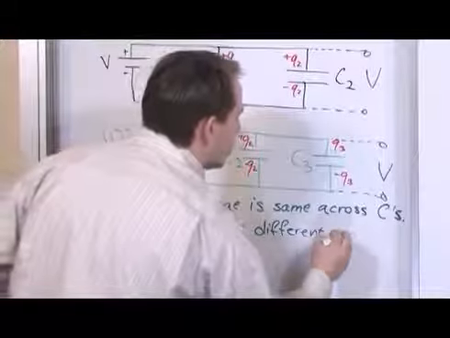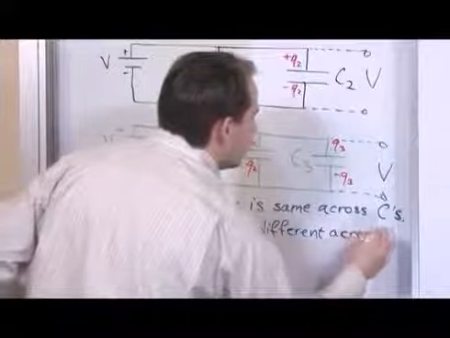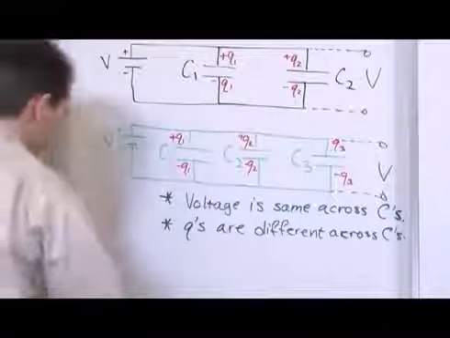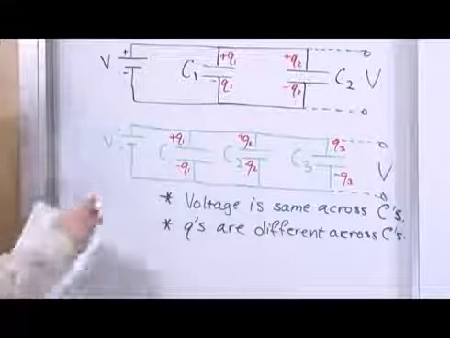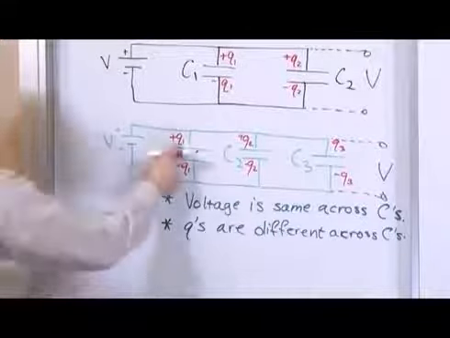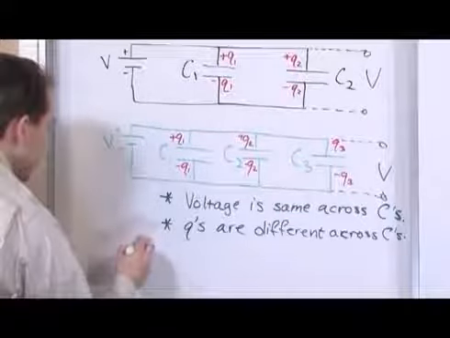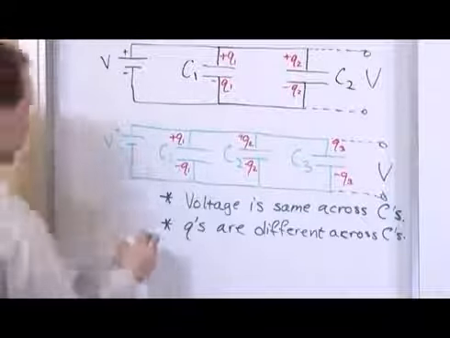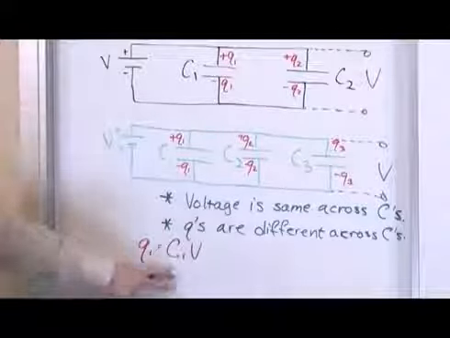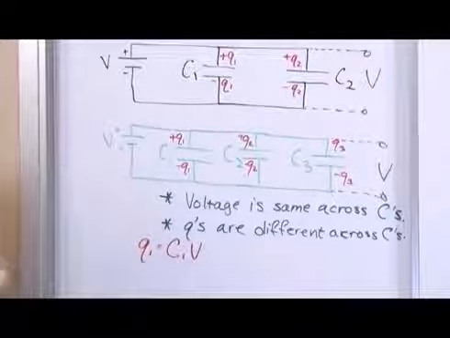You may not realize that at first, but the reason they're different is because of the equation that relates capacitance. For capacitor number 1, the charge stored on this capacitor is equal to C sub 1 times the voltage. Remember, Q is equal to CV. You should remember that.